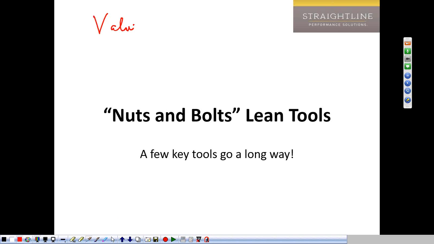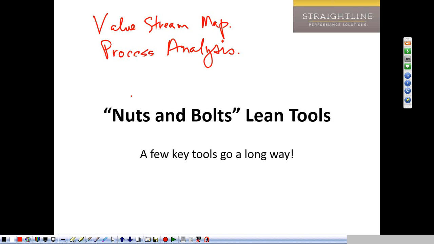One is called a value stream map. One is called process analysis, which is a pretty generic name. One is called the waste walk, or 7 wastes. And one is called the 5S.